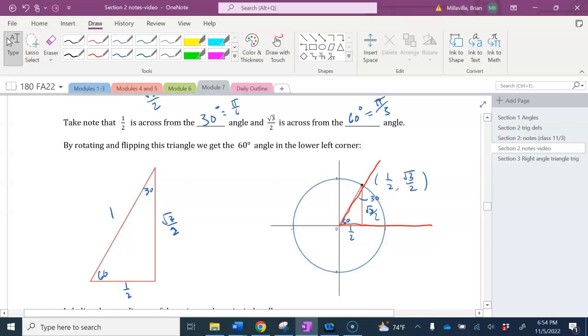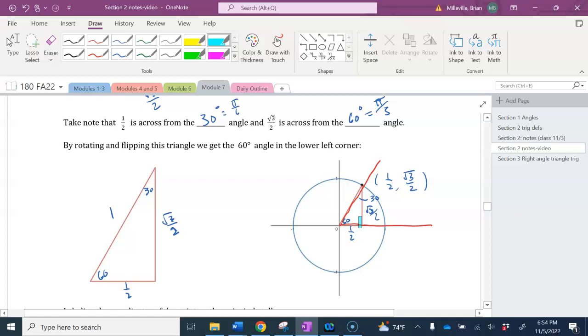Now we can rotate that triangle around and get another known pair of values for cosine and sine by embedding, again, using the 60-degree angle and talking about our embedded right triangle we get by dropping the perpendicular down. I'm just going to highlight that quick, right? From the point where the terminal side of our angle intersects the unit circle, we drop the perpendicular down to create that right triangle.